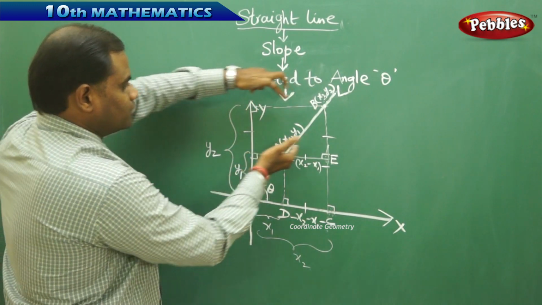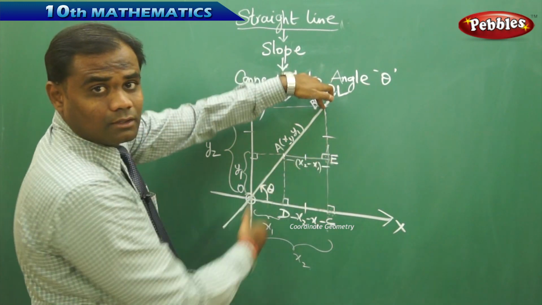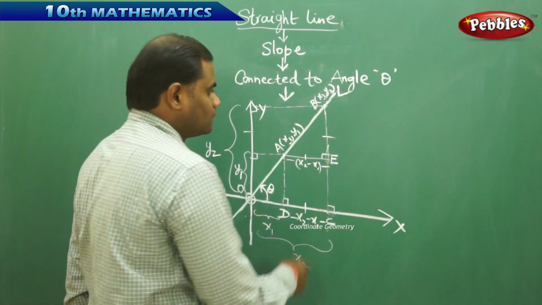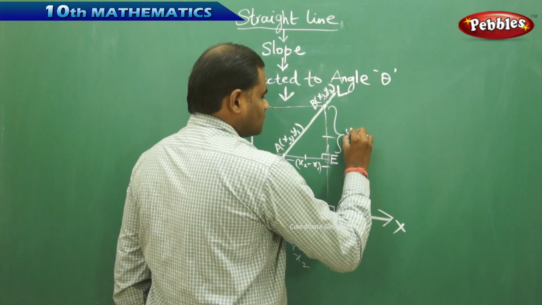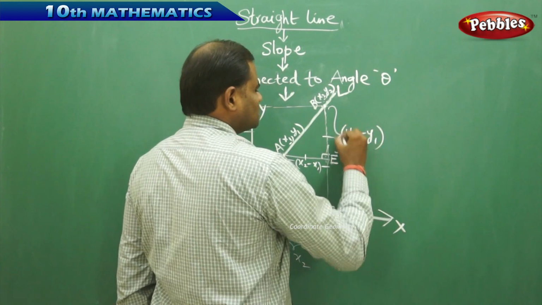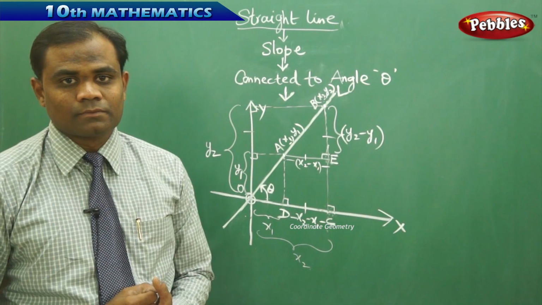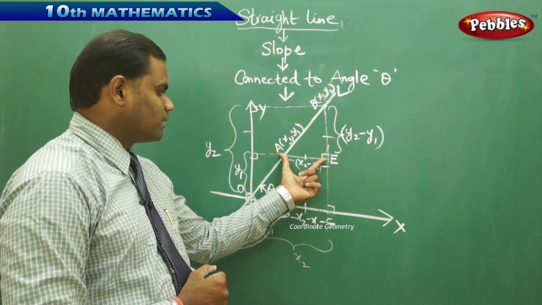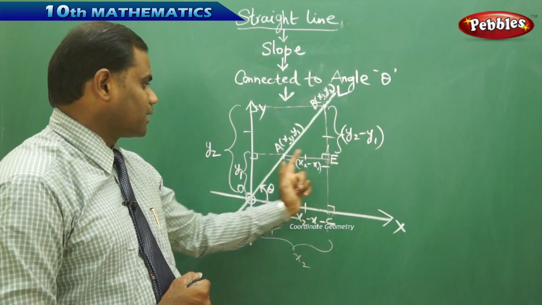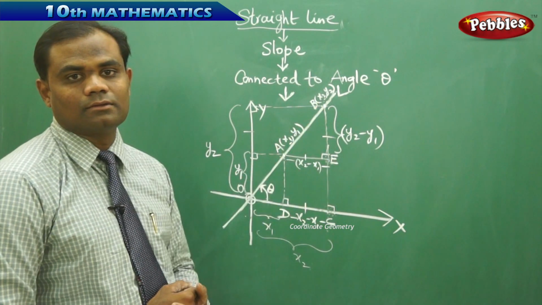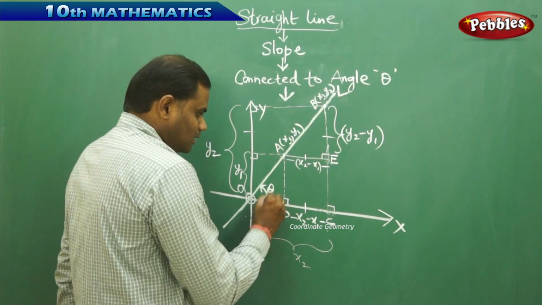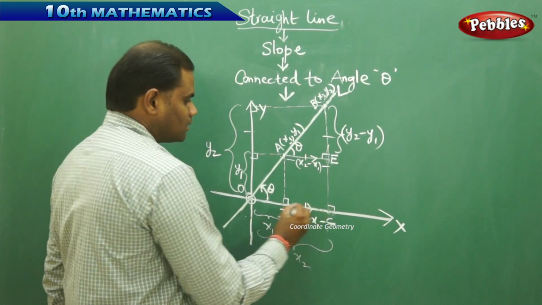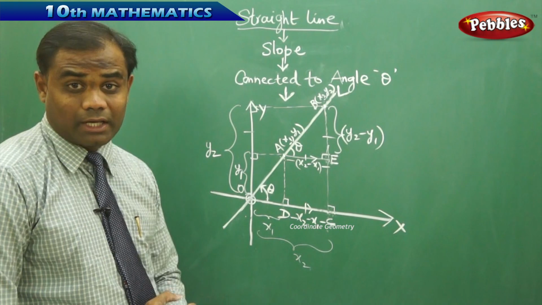So I get this to be y2 minus y1 and this to be x2 minus x1 in the right angle triangle AEB. Now because this is theta, this will also be theta because these two lines are parallel, therefore these two are corresponding angles.